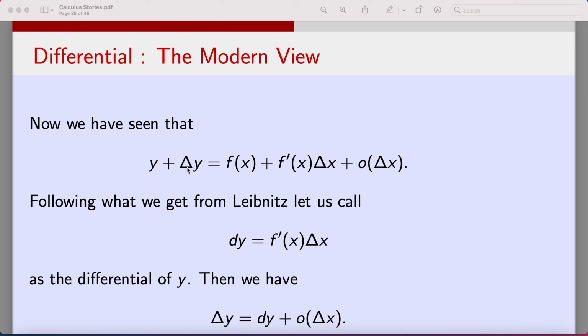There's a difference between delta y and the differential of y. So delta y is f dash x delta x plus o of delta x, because y is f of x. So we define the differential of y as f dash x into delta x. This is the thing we call the differential of y. This is the modern definition. This is somehow trying to make sense out of what Leibniz had said.